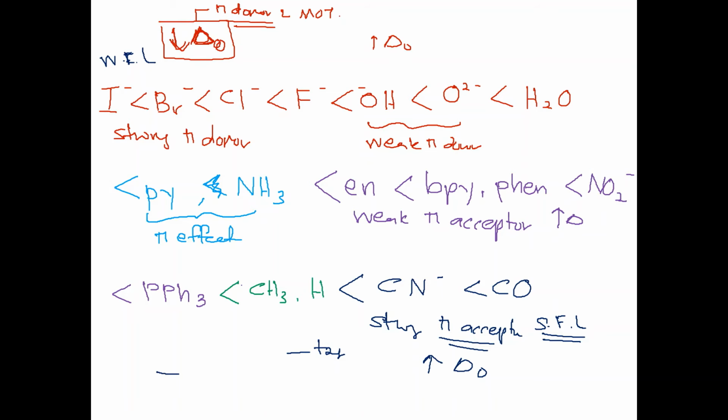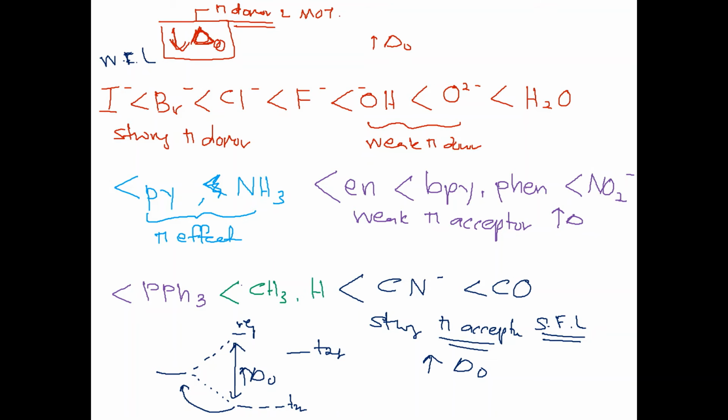So your T2g will belong to the metal, not the ligand. And then you have the eg star. So the delta value will be higher.